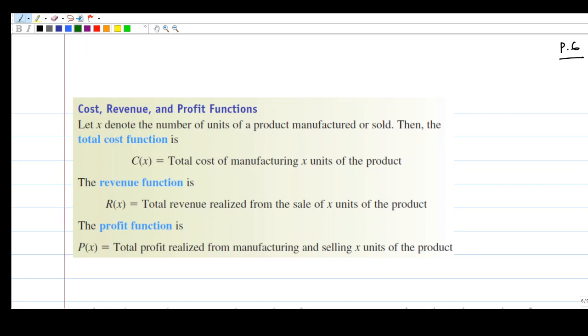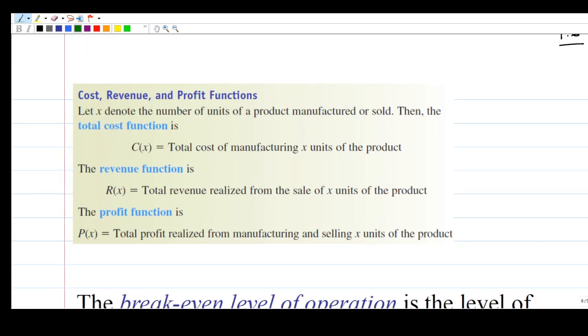Cost, revenue, and profit functions. So let X denote the number of units of a product manufactured or sold.